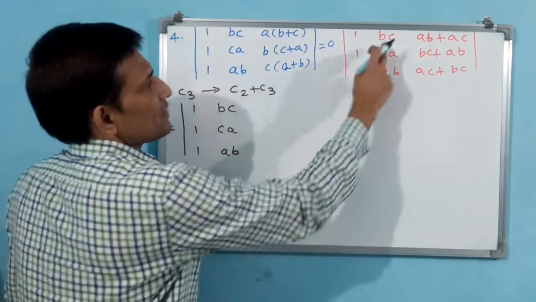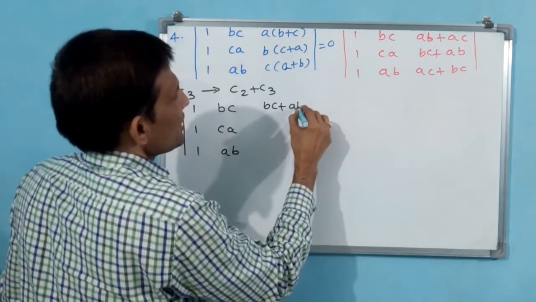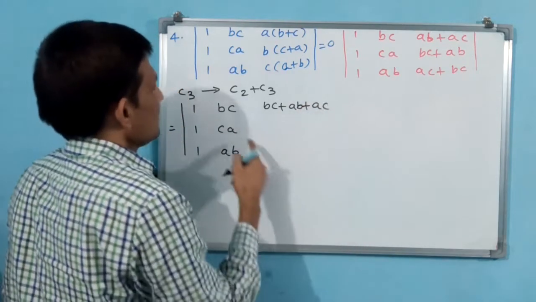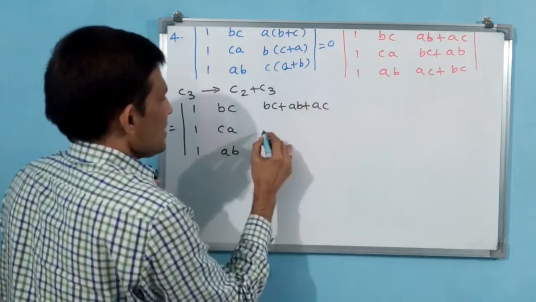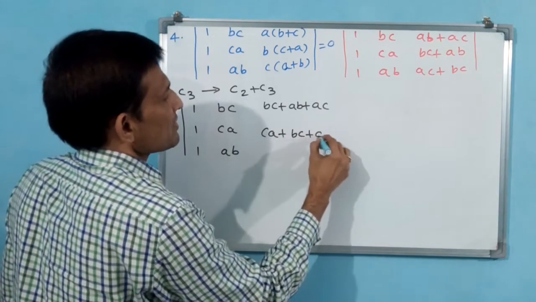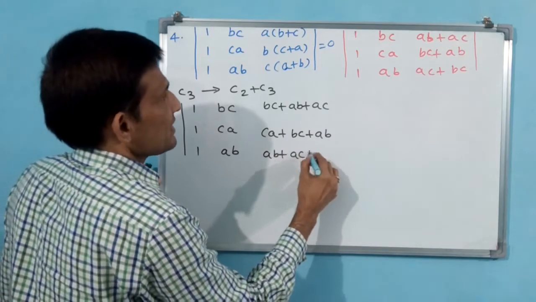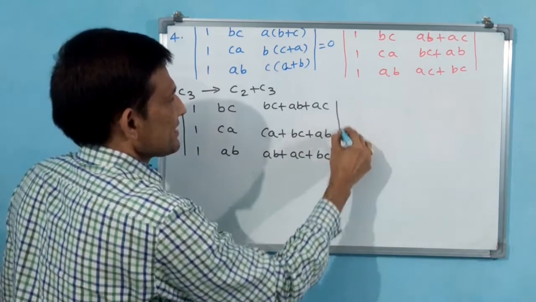Now C2 plus C3. C2 is BC plus AB plus AC. C3 is CA plus BC plus AB. Now here also AB plus AC plus BC. Okay.